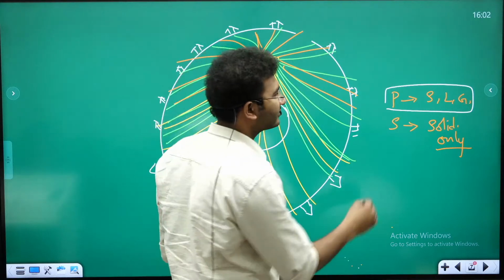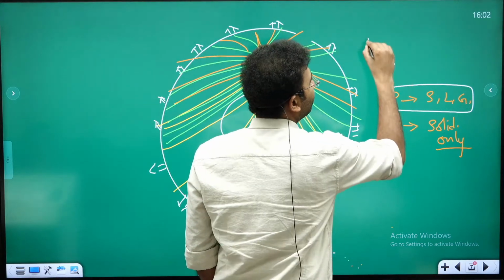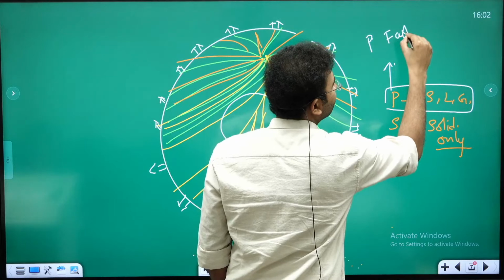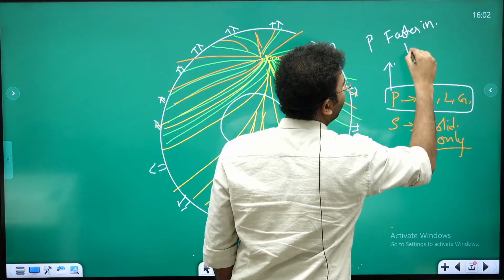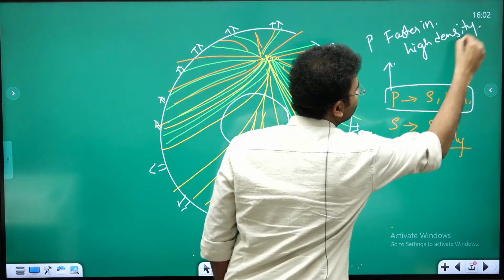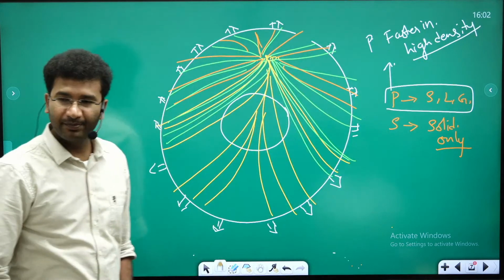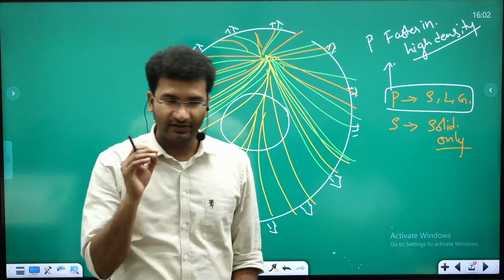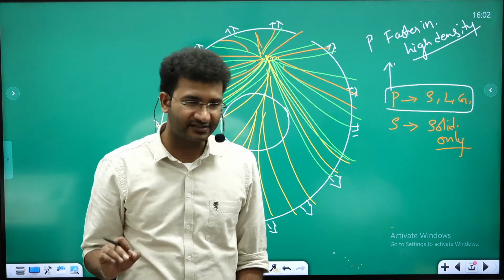the second characteristic of the P wave is that it is faster in high density materials. The same P wave is slower, or its velocity is reduced, in less dense materials.